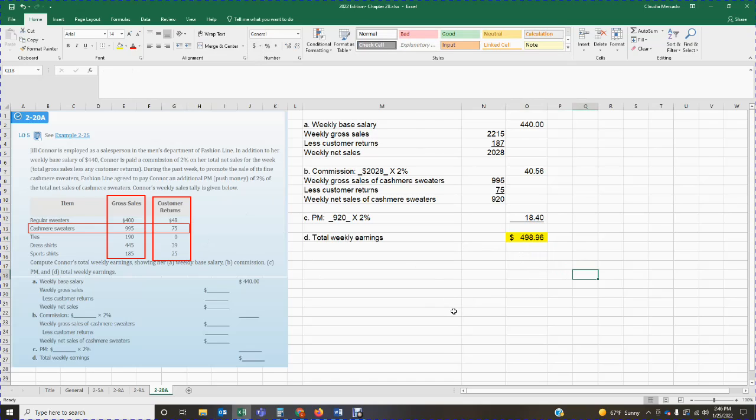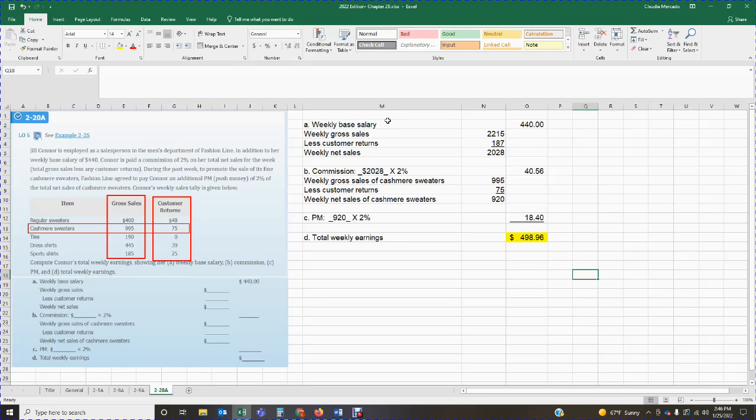So let's recap, okay? You start off with your weekly base salary that was given. Regardless of how much you sell, you're going to get paid $440, okay? Now they're telling you, we're going to pay you 2% of your net sales, okay? What is your net sales? It's your gross sales minus your customer returns, okay?